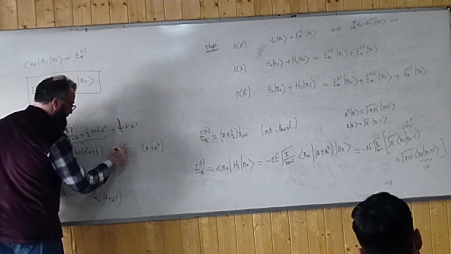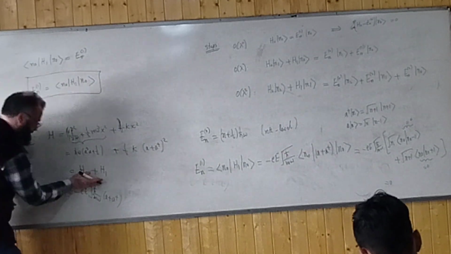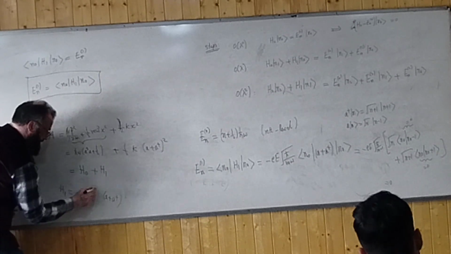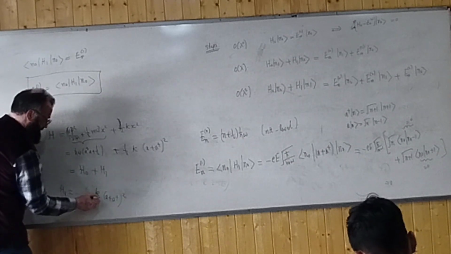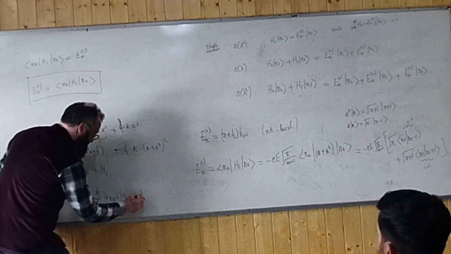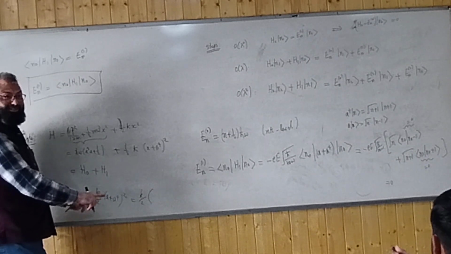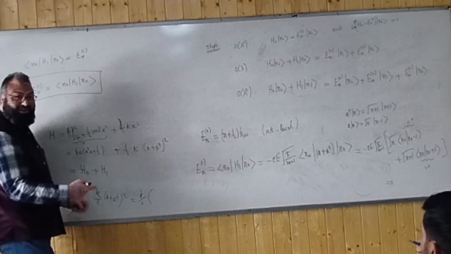So you have plus half k, and you have to put the square of this thing, k by 2 times the square. Let's calculate what this square is. It's an operator product, so you cannot put a square plus twice ab.